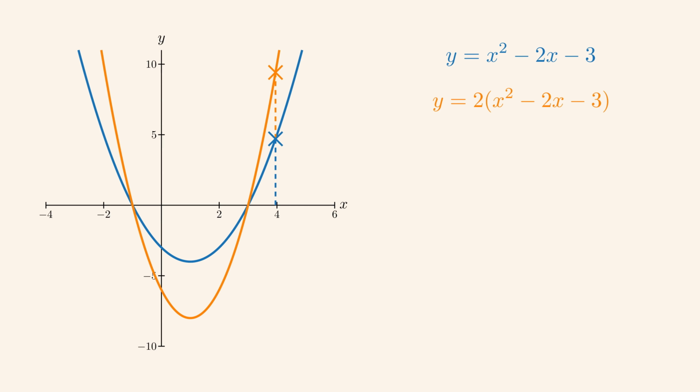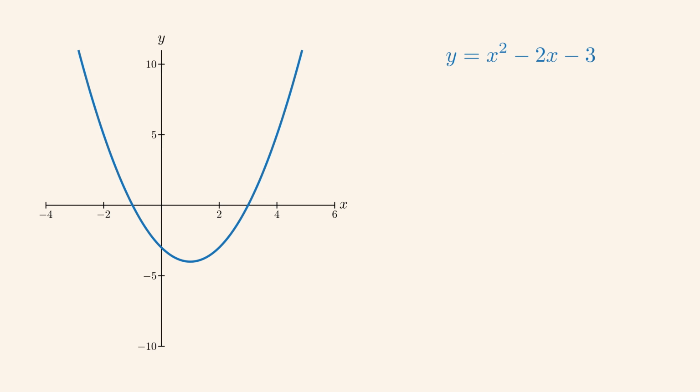The same relationship holds for every x value, regardless of whether the corresponding y value is positive or negative. In general, if the original function is f, the vertically scaled function is a times f, where a is the scale factor. In this example, a is equal to 2.